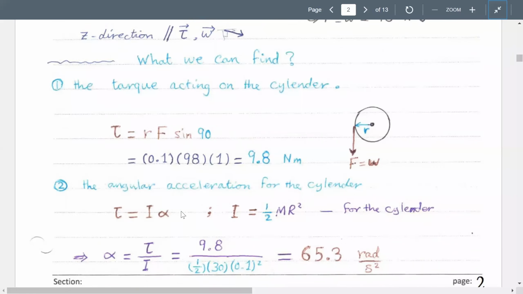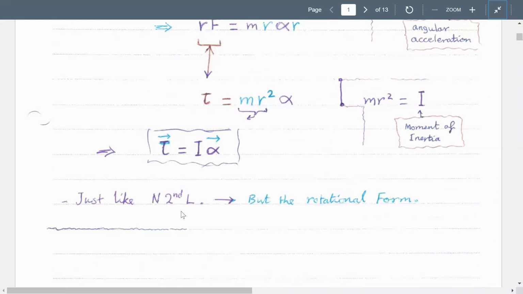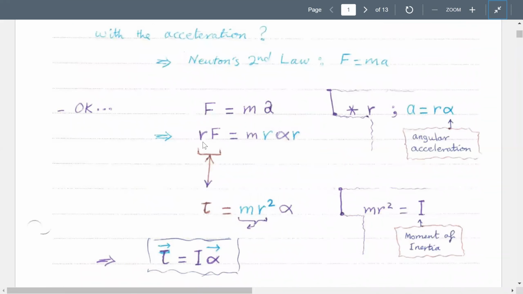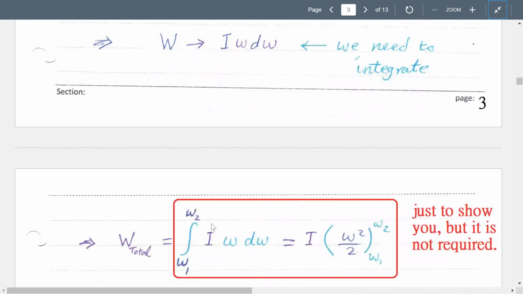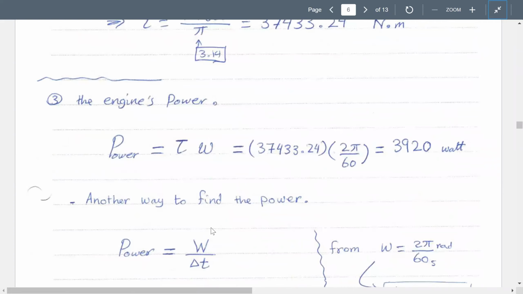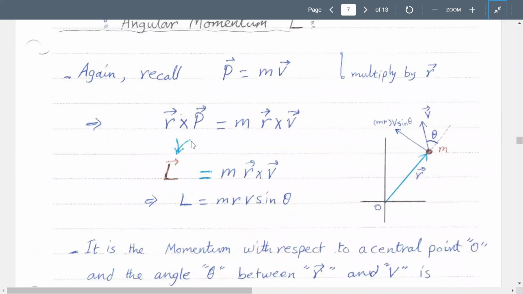Where's the torque? It is here. When we multiplied R by the force, it gives us the angular force. If we multiply R by the momentum, it will give us the angular momentum, just like this. We have R from the left hand and R for the right hand, which is here.